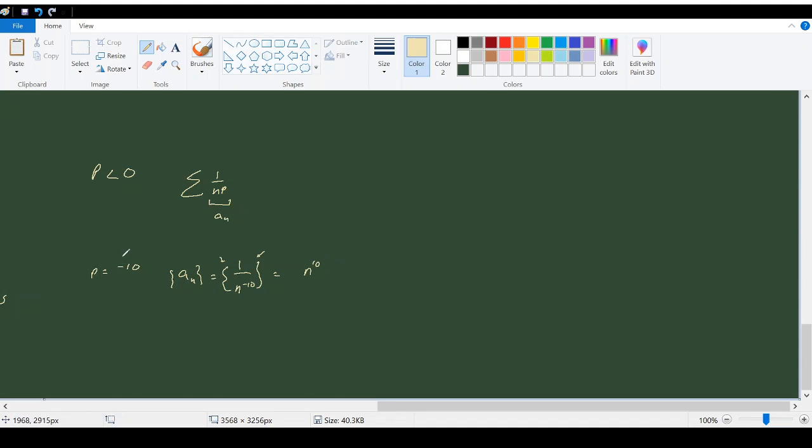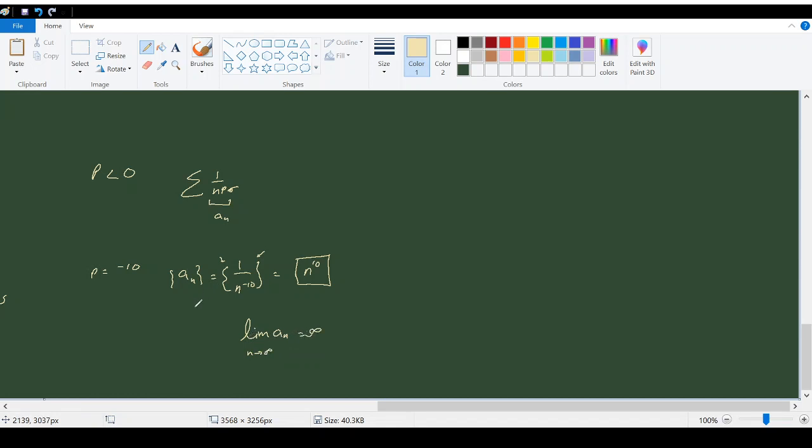So whenever you have a negative number as the value of p, you will end up with a situation like this. So eventually we can say that the limit of a_n is equal to infinity.